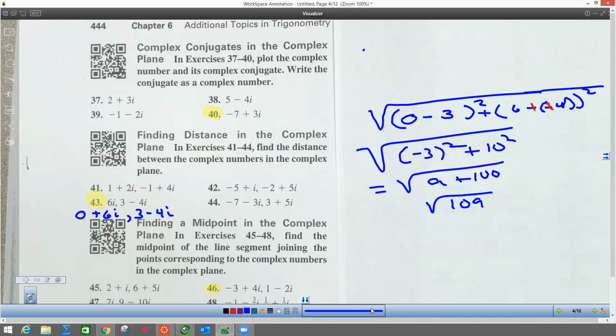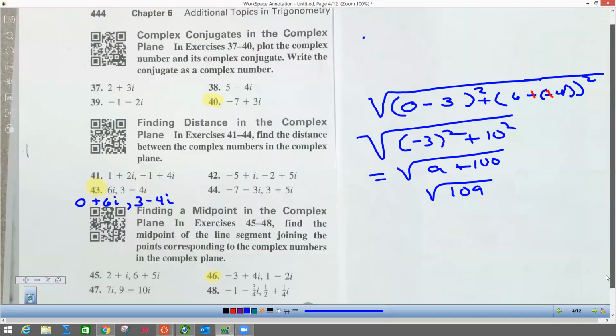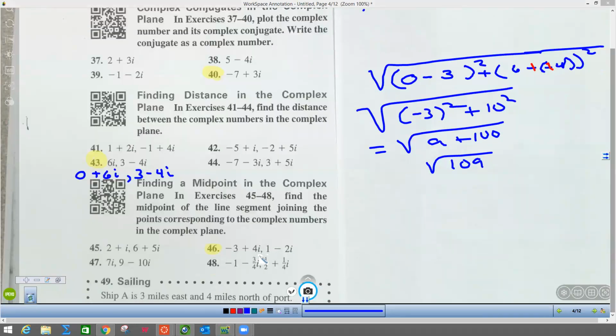Does this seem pretty easy, or am I crazy? And you need to still practice it, okay? All right, then the last kind, find the midpoint. So we're going to do the midpoint of number 46. We want the midpoint.